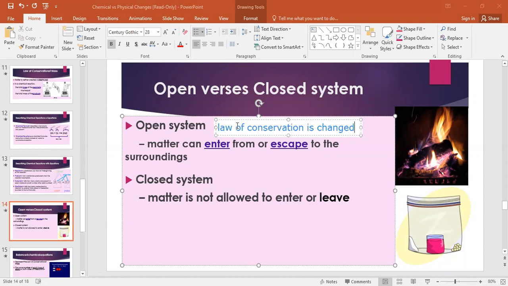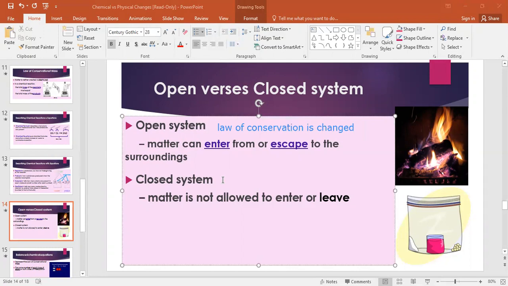However, if you were to somehow catch all that smoke, collect all the ashes, and then weigh them together, they should equal the weight of the log. That would be a closed system. In a closed system, nothing escapes. The air, or the gas, everything is captured and measured.